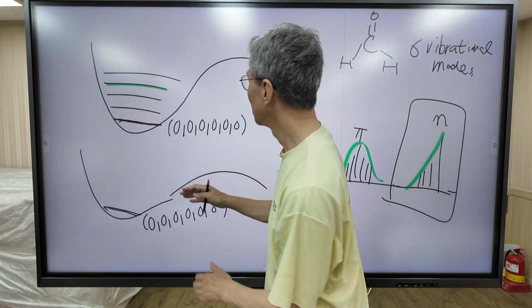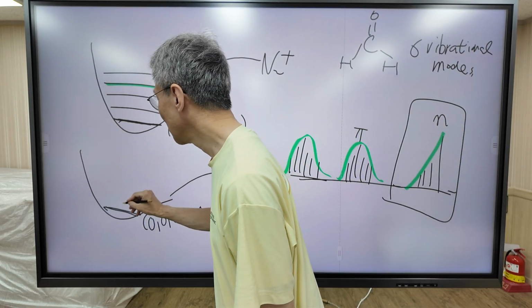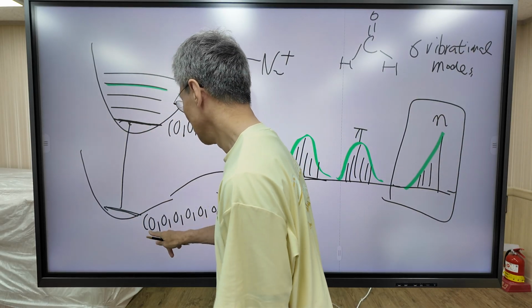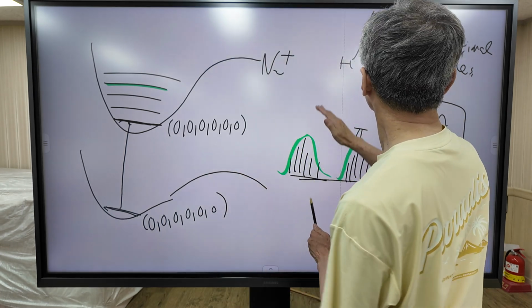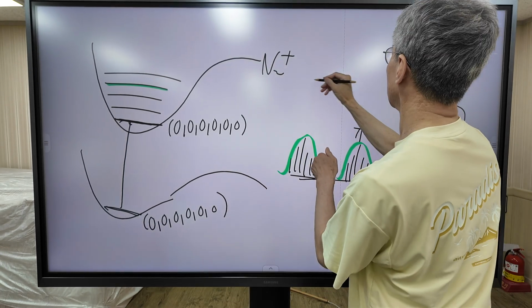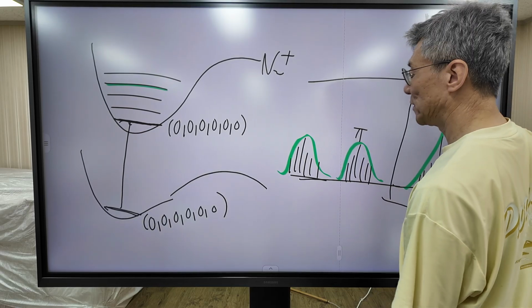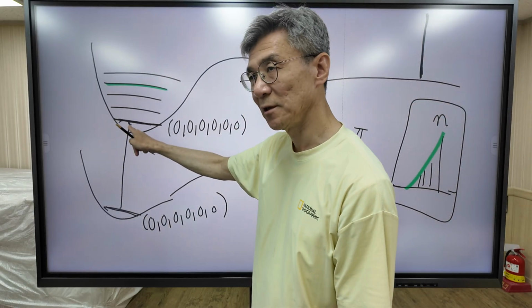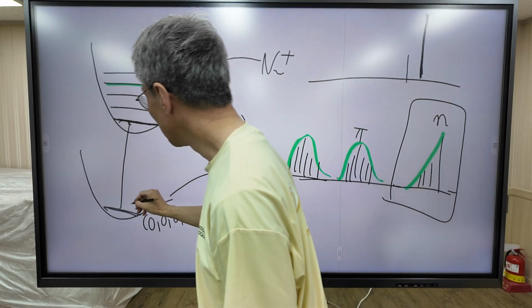And this is a non-bonding orbital, so the most intense transition comes from this quantum state to this quantum state. So the peak that looks like this is the most intense peak, which corresponds to this transition, and the second peak comes from this transition.